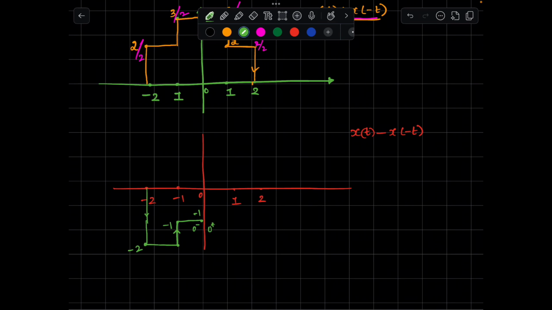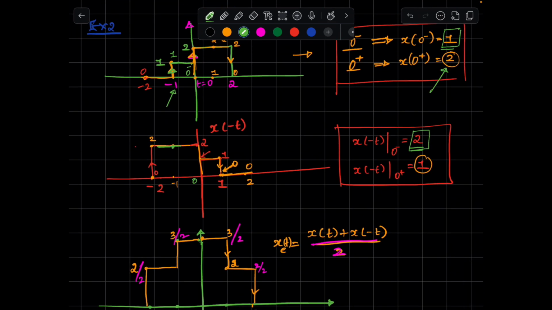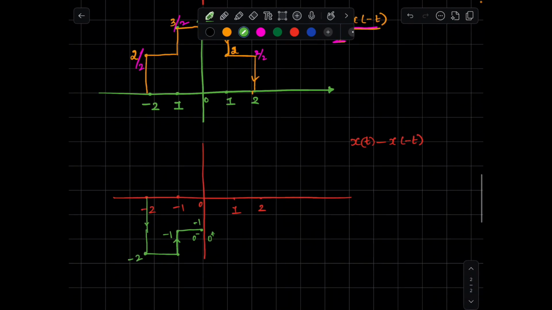We have already seen the amplitude is 2 and this is 1. So 2 minus 1 should be equal to 1. So at 0 plus, the amplitude goes to 1. Now you see at 0 minus it is minus 1 and at 0 plus it goes to 1. That means there is a sudden change from minus 1 to 1. So the function has jumped.